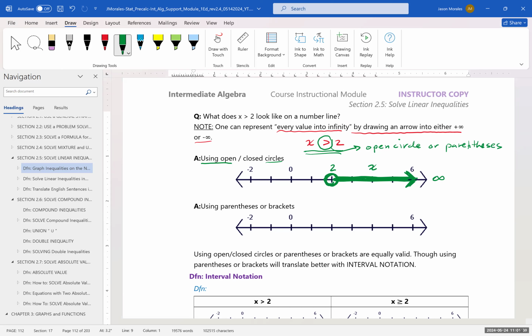Now, if we're going to use parentheses, we're using parentheses because it's a not equal to inequality. Again, we're going to start at 2. Oh, I started to draw a circle, didn't I? So we're going to draw parentheses at 2, and then we're going to draw our arrow.